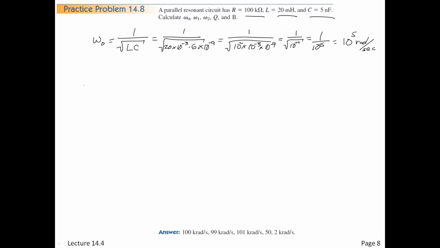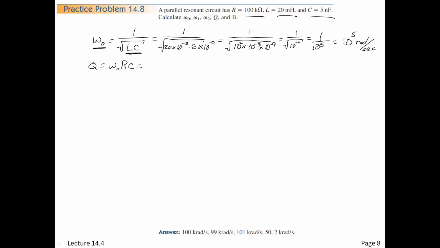All right. If we find the bandwidth or the Q, let's say the Q, I'm not going to do omega 1 and omega 2 because it's better to find the bandwidth first. And bandwidth is easily found as a function of Q. So let's just do that. The Q is omega 0 RC. And it's important to point out and realize that the center frequency, the peak frequency, is not a function of the resistance.